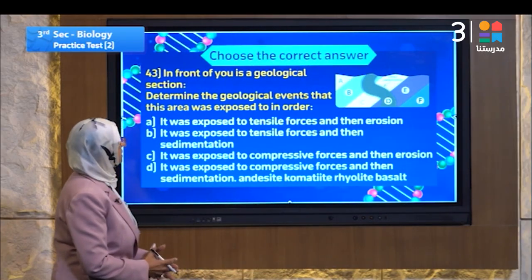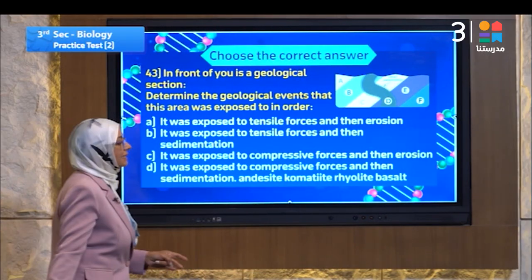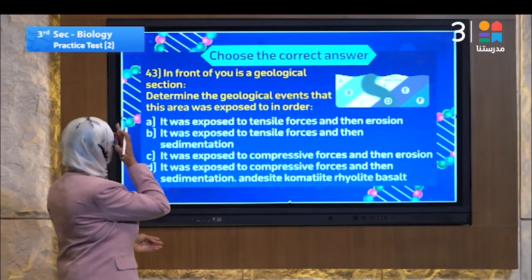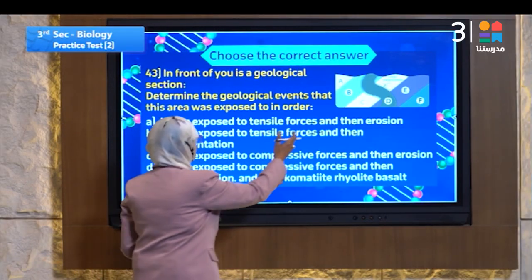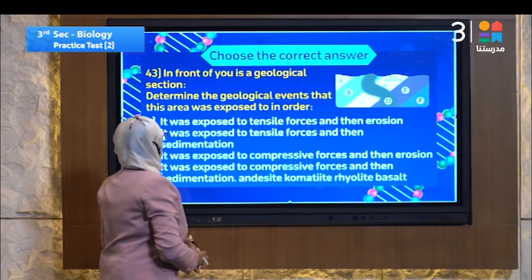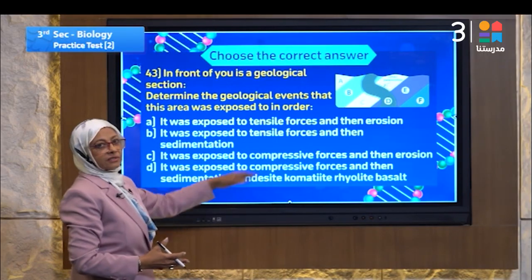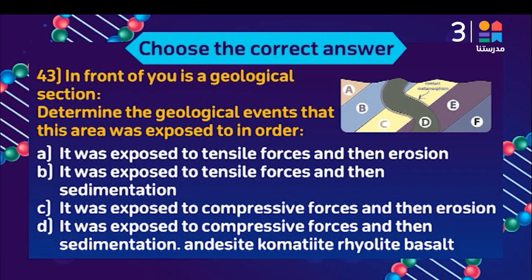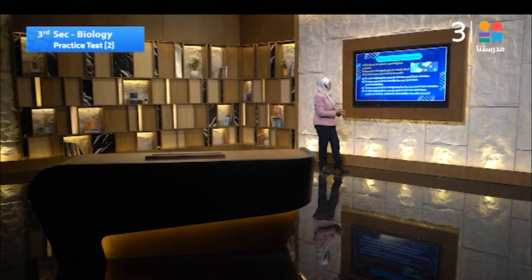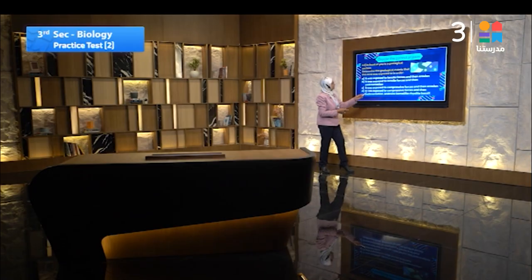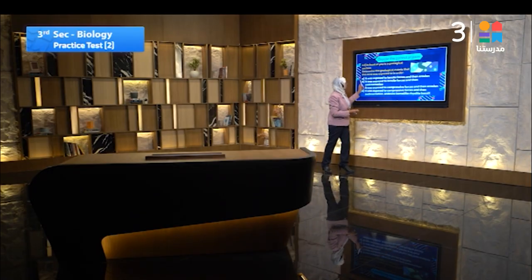Let's go to 43. Let's go again to earth science. Earth science here is the formation of the river. The formation of the river is a figure. Let's read the question. In front of you is a geological section that shows the geological events that this area was exposed to, in order. A, it was exposed to tensile forces and then erosion.